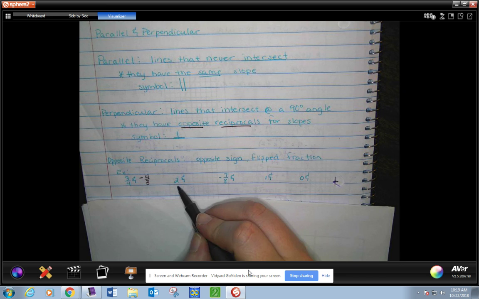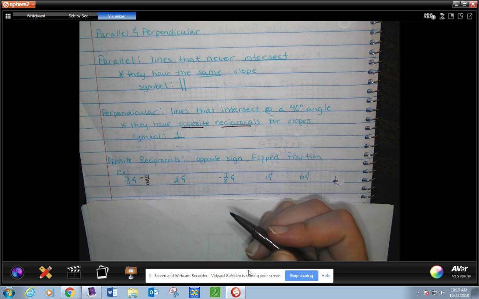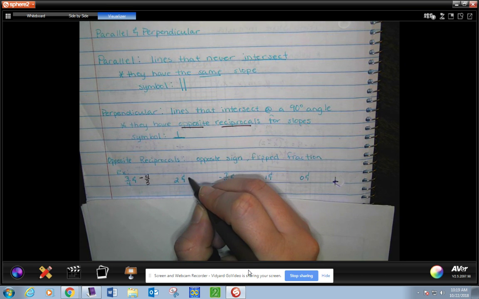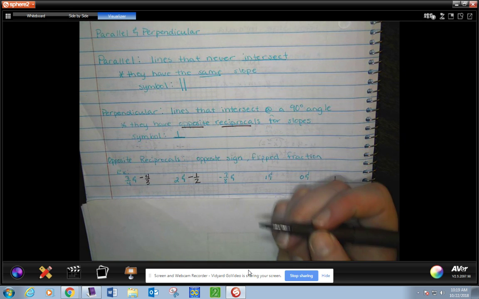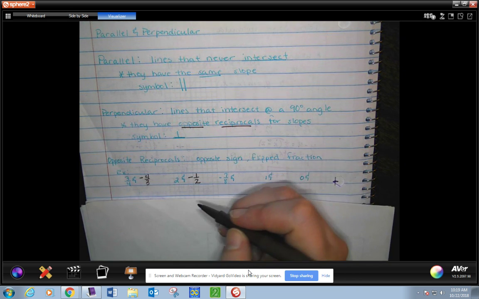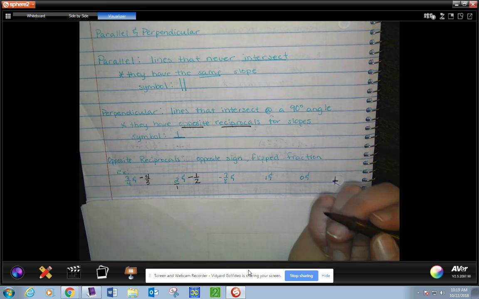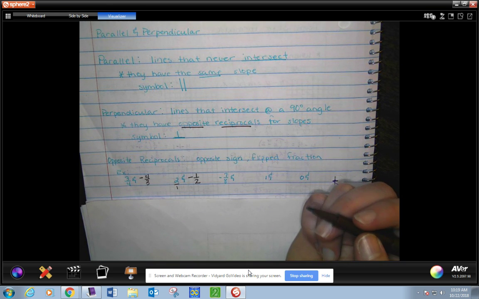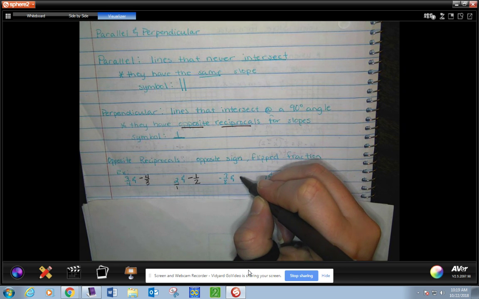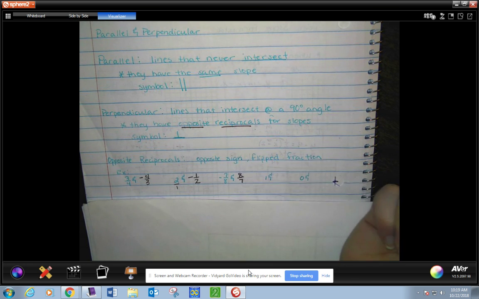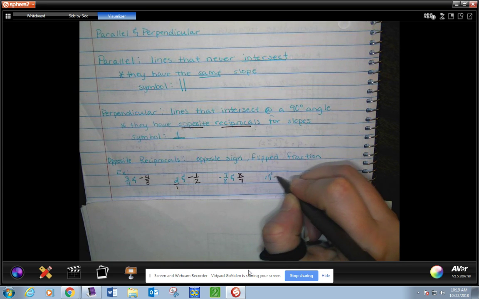Okay, for 2, when I'm trying to get an opposite reciprocal, I'm going to change it to a negative, and it becomes 1/2. And the reason I know it's 1/2, if you need this, is because 2 is over 1. So that flips the fraction. Okay, -7/8, I have to change that to a positive, and I flip it to 8/7. Okay, 1 is a tricky one. 1 is only -1.